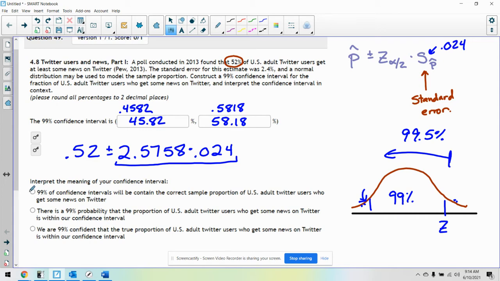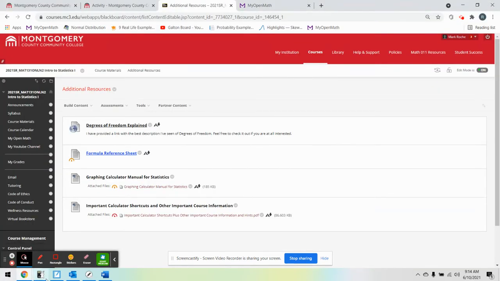Okay, so then what does that mean? Let's look at the interpretations. It says 99% of confidence intervals will contain the correct sample proportion of the US adult Twitter users who get some news from Twitter. There is a 99% probability. This doesn't really have anything to do with probability, so we're not talking about that. We are 99% confident that the true proportion of US adult Twitter users who get some news on Twitter is within our confidence interval.